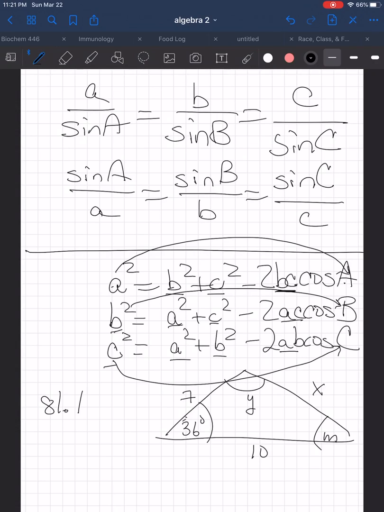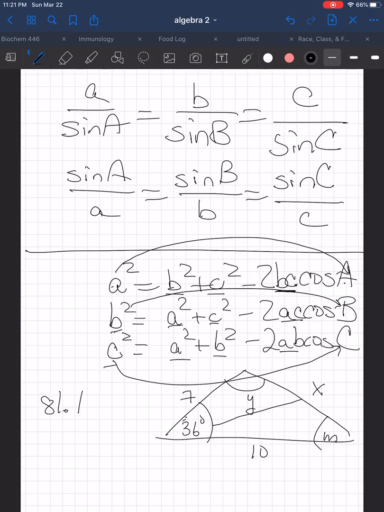And this angle is Y. So we first of all have to figure out which we want to find first. So we have x across from the angle 36. That's the only one that we could actually work with because we don't know either one of the other two angles. We do know the sides across from them.